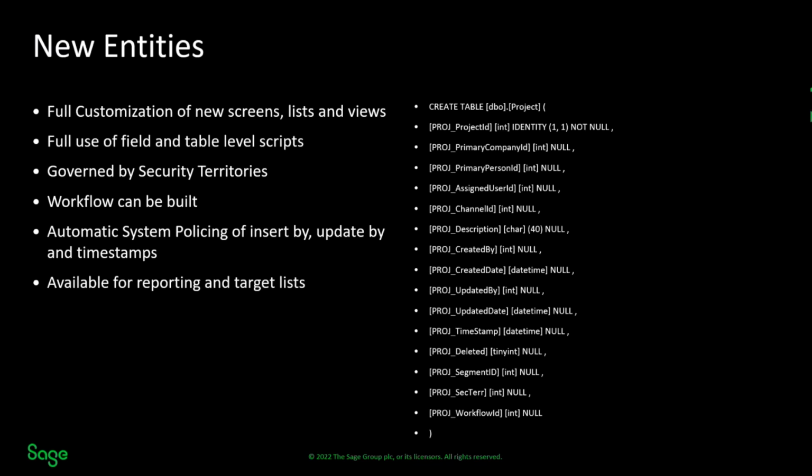Now, the reason I talk about the importance of that is that there are some fields inside the tables that we would need to define if they were to be managed correctly by Sage CRM.